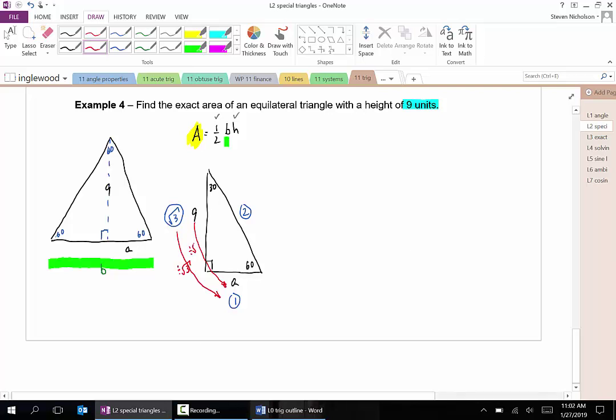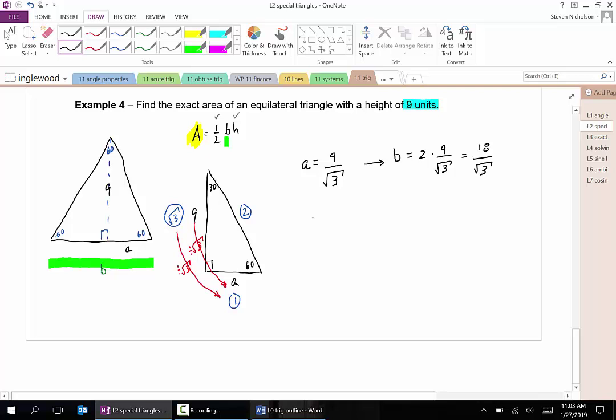And if that's the case, we're going to have to do the same thing. So a is going to equal 9 divided by root 3. And again, if a is equal to 9 divided by root 3, then b is equal to 2 times 9 divided by root 3, which is 18 over root 3.